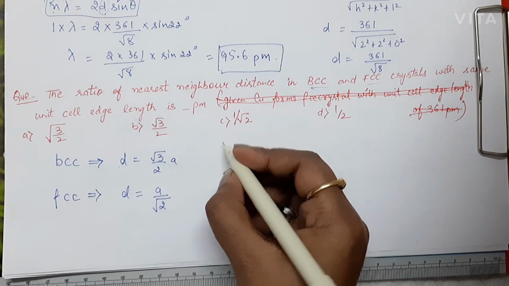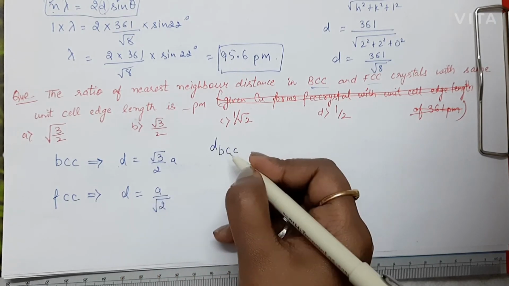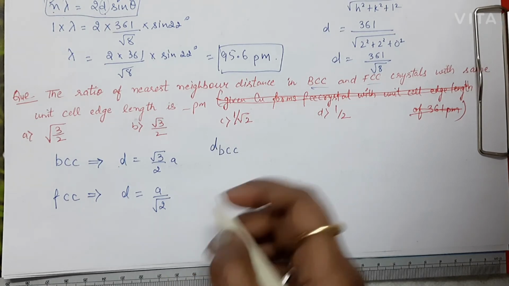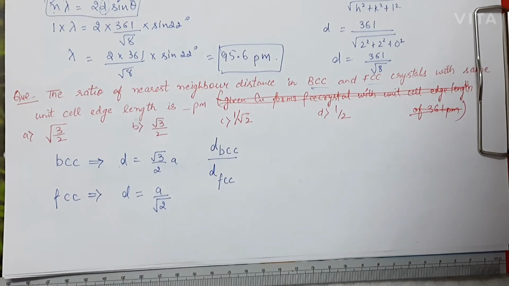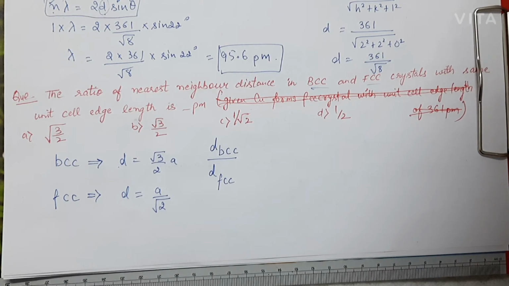So basically we have to find out the ratios of these two d. That is d in case of BCC divided by d in case of FCC.